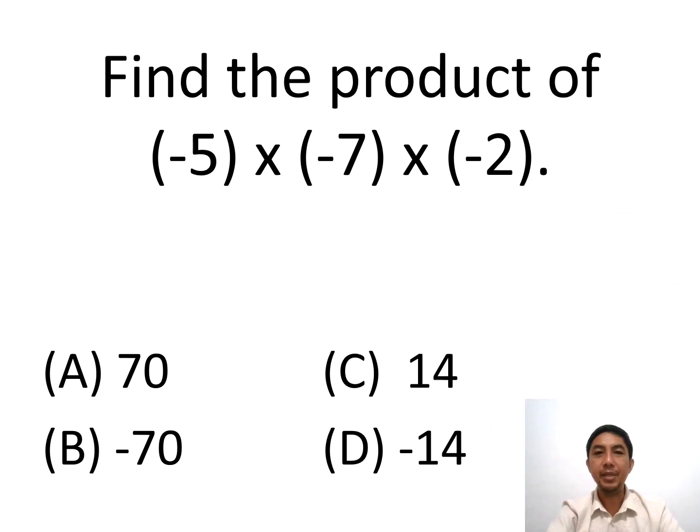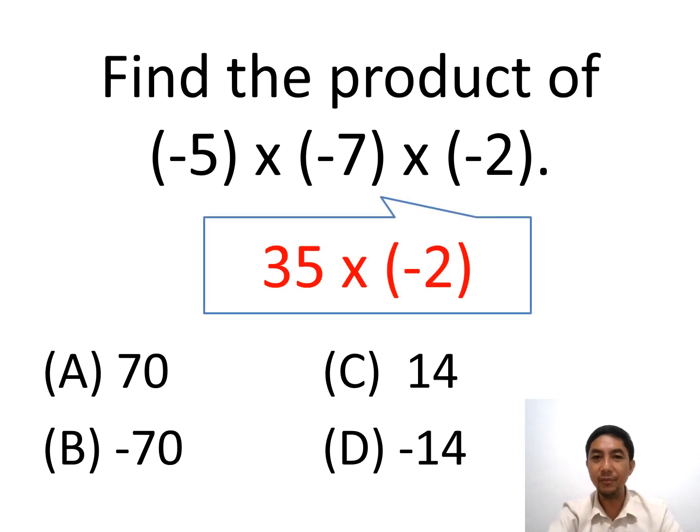Let us try another example. So we want to find the product of negative 5, negative 7, and negative 2. You may think that the answer is positive because all the numbers are negative. But we are going to multiply the numbers by pair. So therefore, negative 5 times negative 7 will give you positive 35.